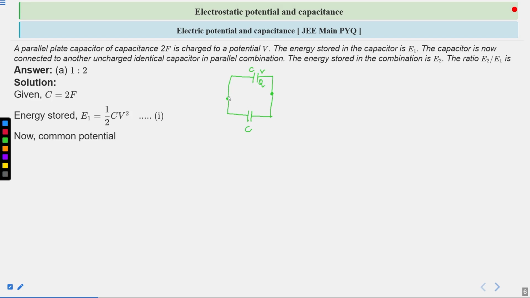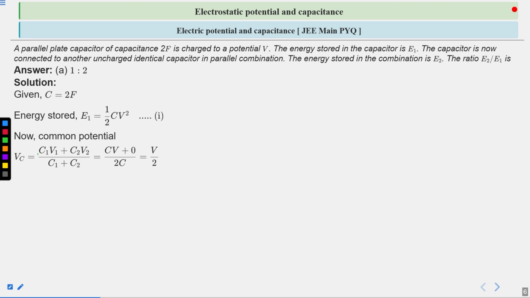Since they are connected in parallel, they will have the same potential difference across them, which is called common potential. Common potential is given by C1 V1 plus C2 V2 upon C1 plus C2.